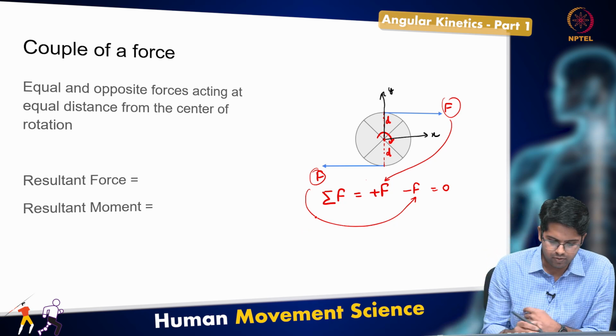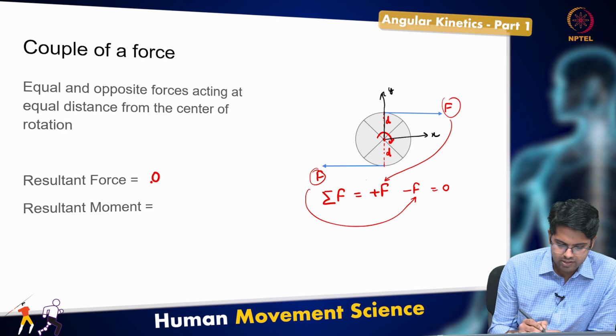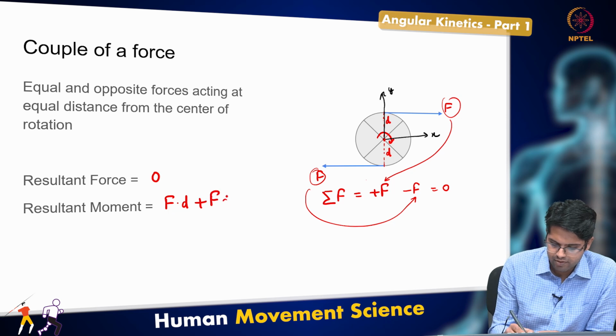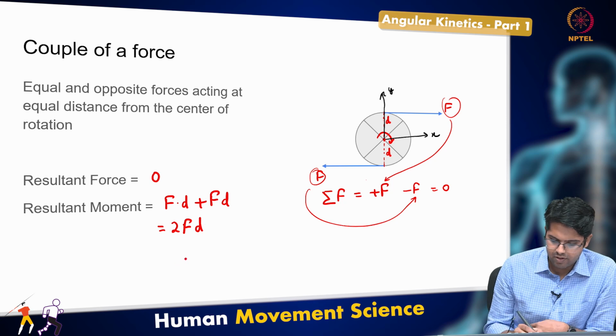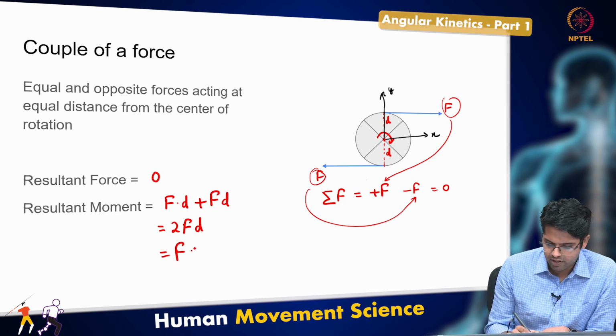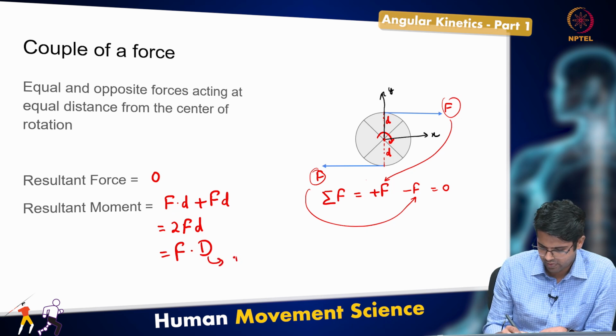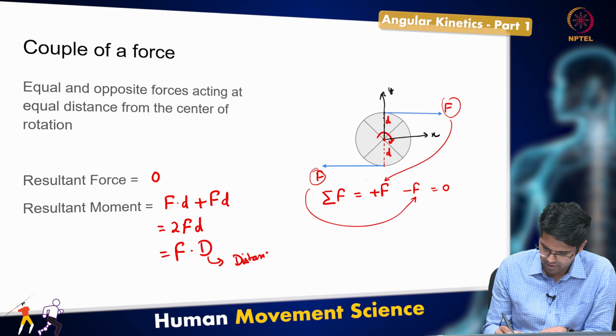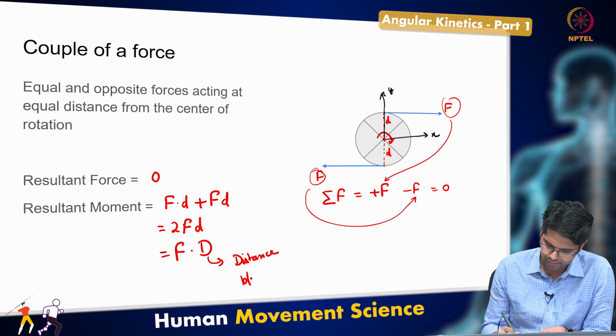Okay, so resultant force is 0, but the resultant moment is Fd plus Fd, or F times the distance between the two forces.